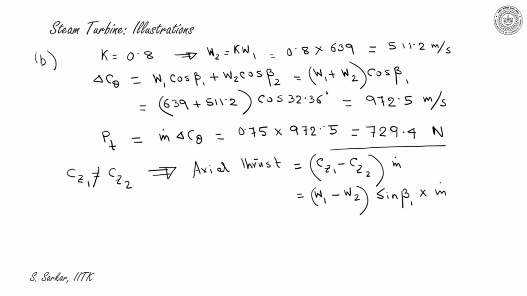You know all the values. So if you solve this, you will get 51.3 Newton. Thus, we'll now have an axial thrust that will come on the bearing.